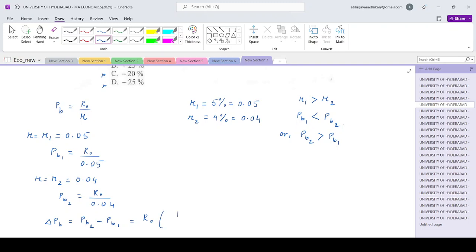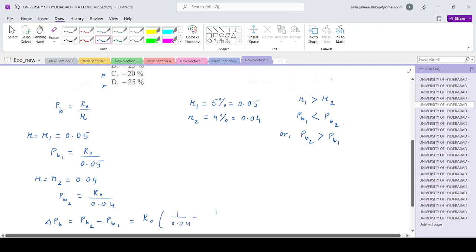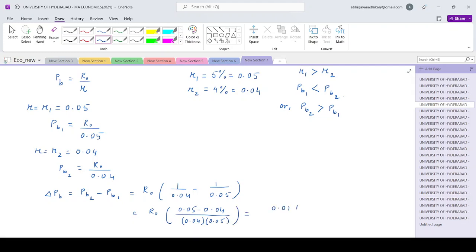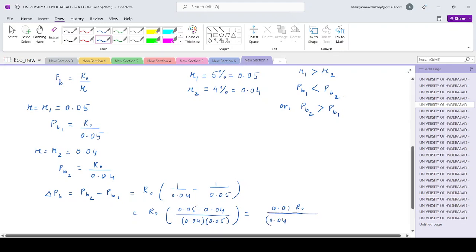So this will be 1 by 0.04 minus 1 by 0.05. So if you just evaluate this, this will be 0.05 minus 0.04 divided by 0.04 into 0.05. So that makes it 0.01 R naught divided by 0.04 into 0.05.